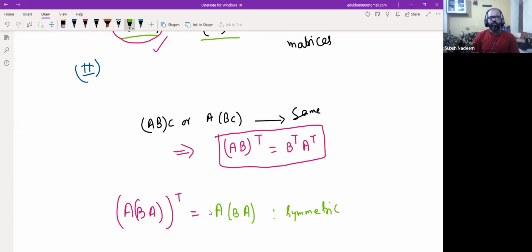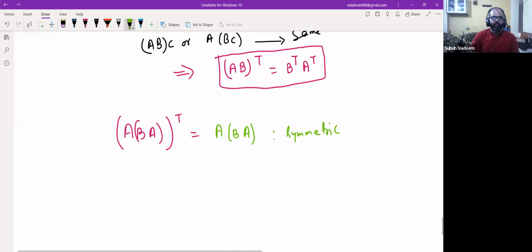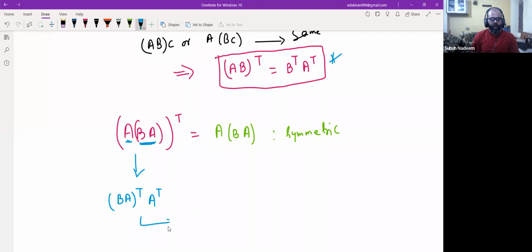A matrix whose transpose is equal to the matrix is called symmetric. Now we have to show this if it is true. If it is false, then it will not come so. So from here we'll say B A transpose into A transpose. We'll use this property that if this is one matrix and this is another matrix, order will change. BA will come first, A will come second. And then when we take BA and its transpose, it will be A transpose, B transpose into A transpose. So again, this order BA will change into AB.